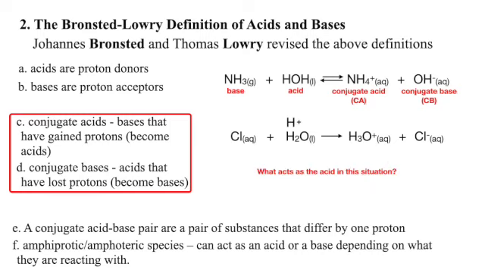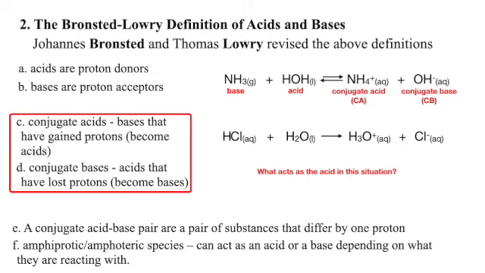So that's why NH4 positive is a conjugate acid and OH negative is the conjugate base. In the backwards reaction, NH4 positive is throwing away its H, it's the acid. We call it the conjugate acid. Okay, conjugate acid, conjugate base.